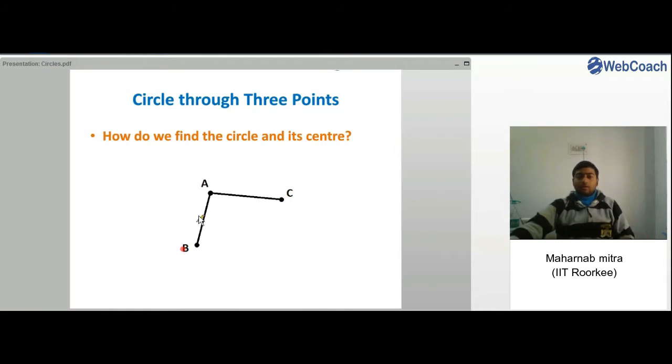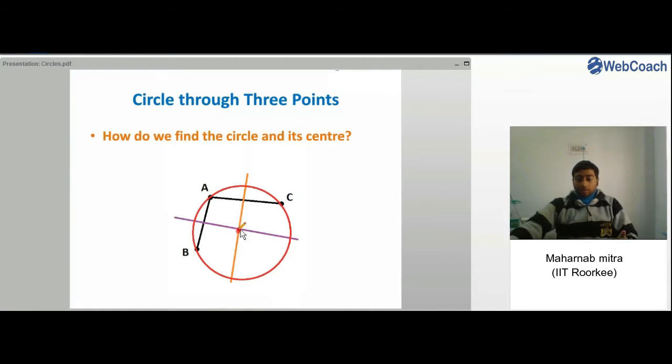You can also join BC as well, it doesn't matter, any 2 will do. So we have joined AB and AC. Our next step is to draw the perpendicular bisectors of the line segments we have got. The orange one is the perpendicular bisector of AC, the violet one is the perpendicular bisector of AB, right?